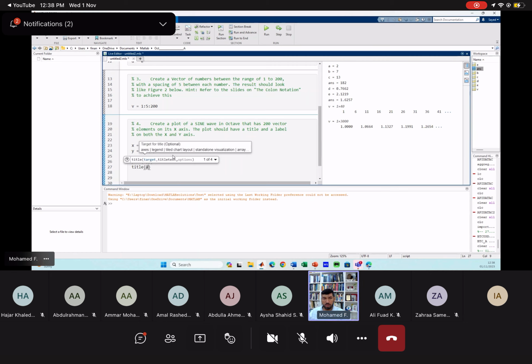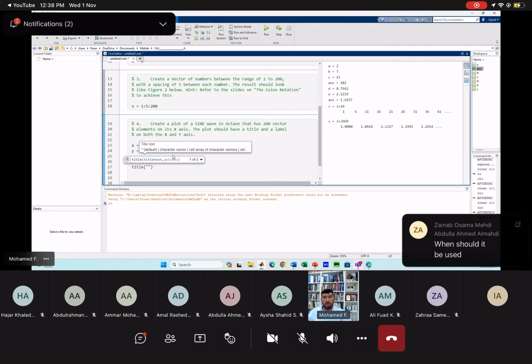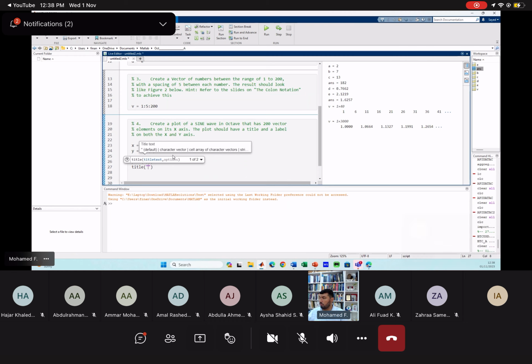Let's call it sine wave. When should the limits be specified? When he specified the number of elements in the vector. If he didn't, then you can use anything because he didn't specify.